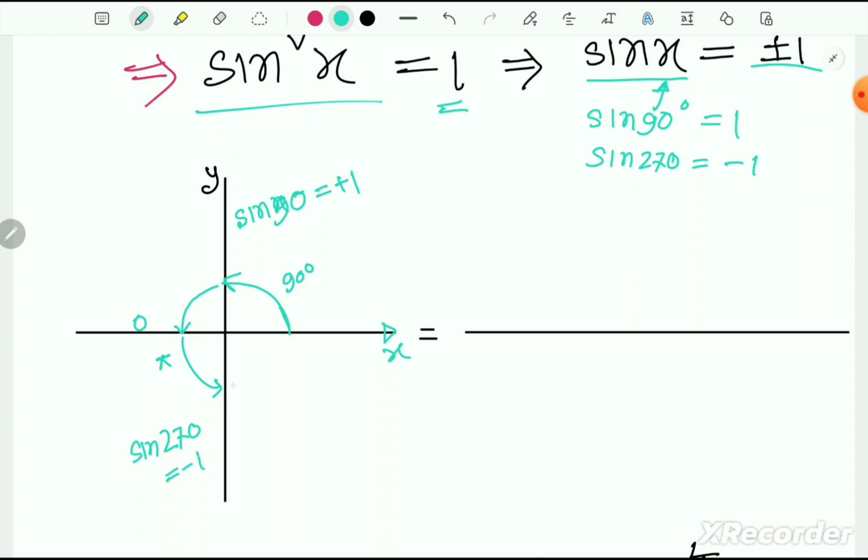Again, if we rotate here 2 pi, this is 2 pi, right, it gives us 0 again. Or if we increase pi with 270, or 2 pi with 90 degree, then it gives us again positive 1.